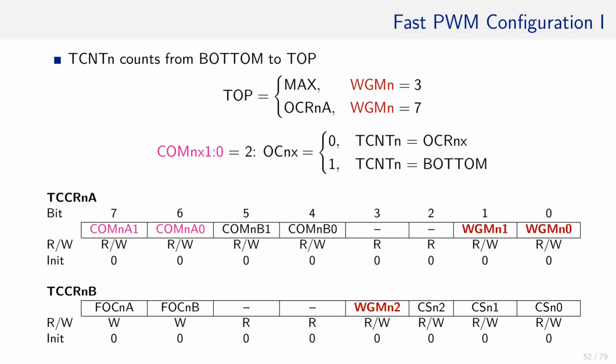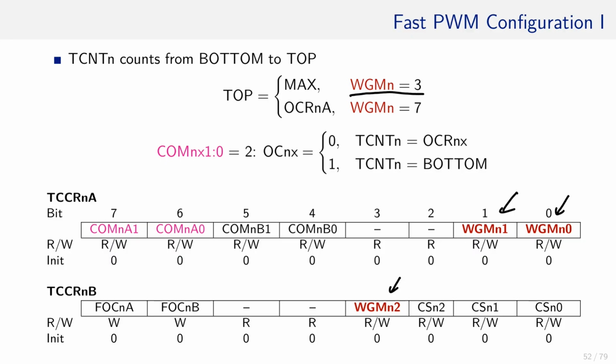If WGM is set to 3, then TCNTn counts to top. However, if the WGM bits are set to 7, that is, all entries are set to 1, then a top value can be configured manually.